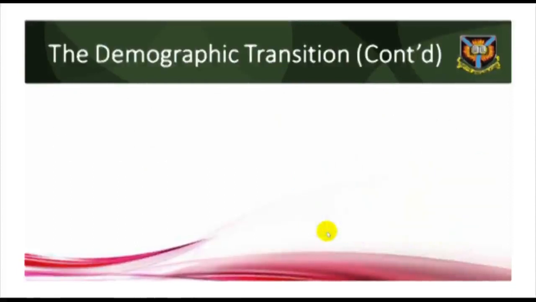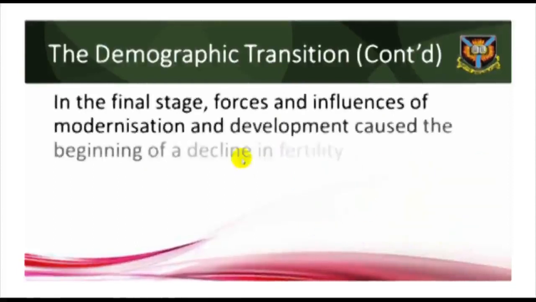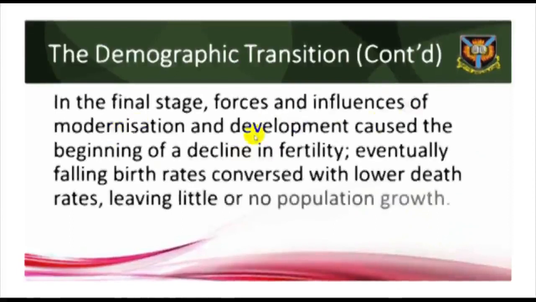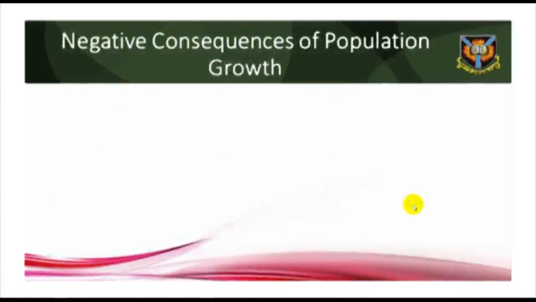In other words, all the foregoing led to a marked reduction in mortality rate that gradually raised life expectancy. In the final stage, forces and influences of modernization and development caused the beginning of a decline in fertility, eventually falling birth rates, coupled with low death rates, leaving little or no population growth.